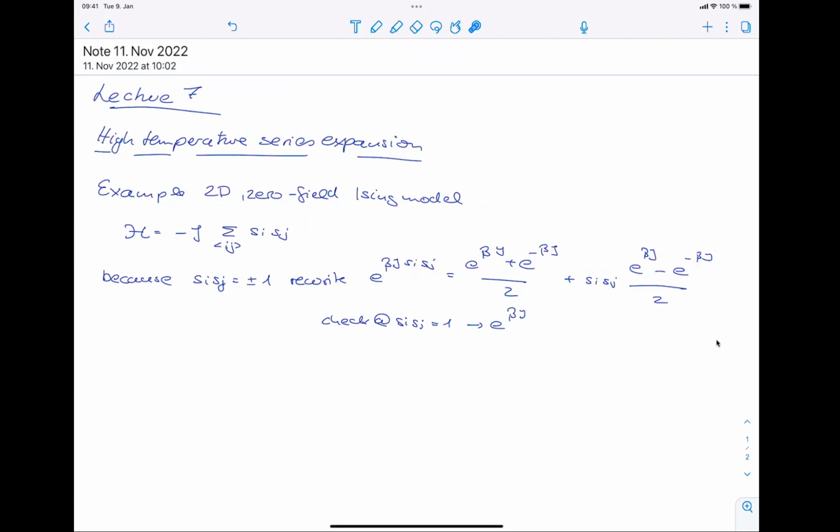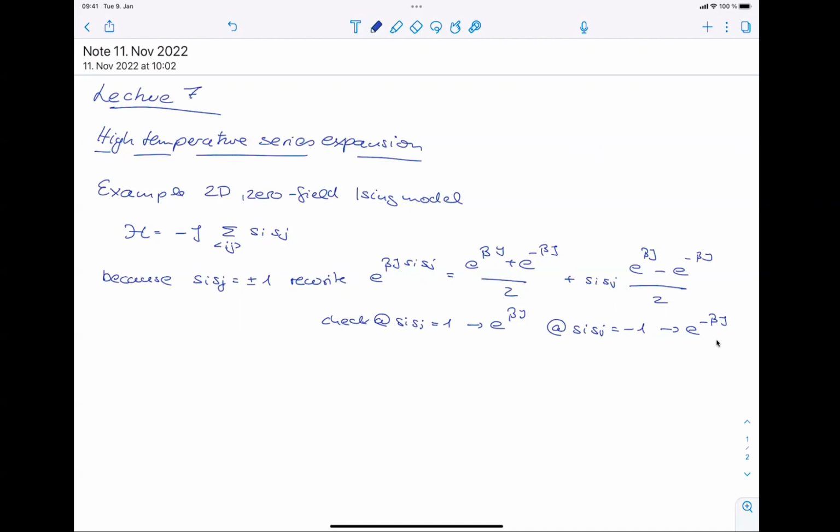That's e to the beta J. And similarly, at Si Sj equal minus 1, I would expect e to the minus beta J, and that comes out because then this prefactor is changing to a minus 1. So these terms cancel out, and I'm summing e to the minus beta J halves with e to the minus beta J halves. So that's an equivalent writing.